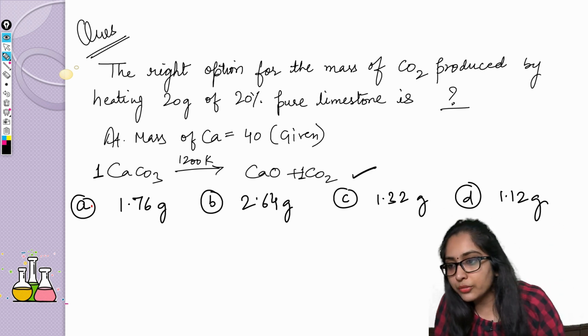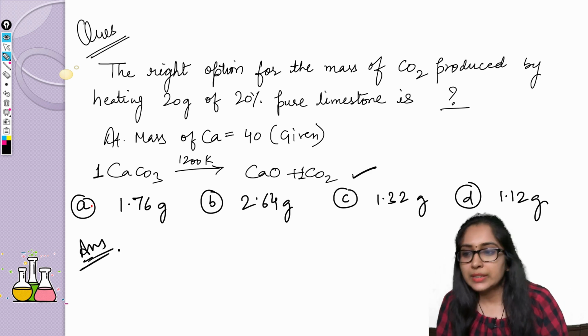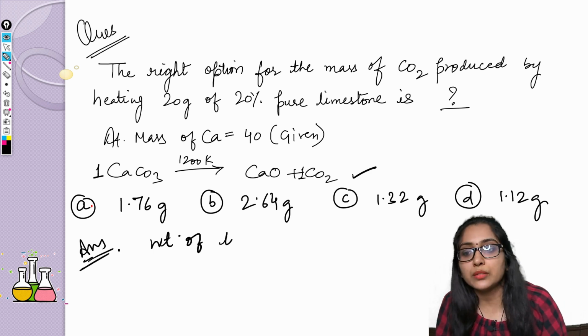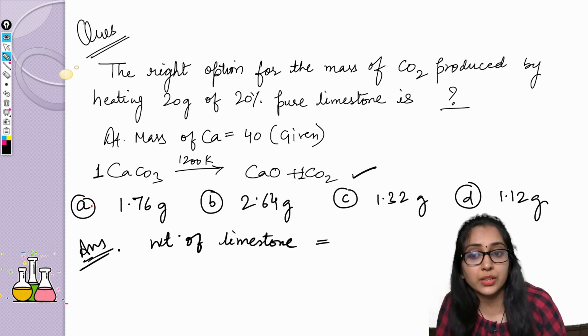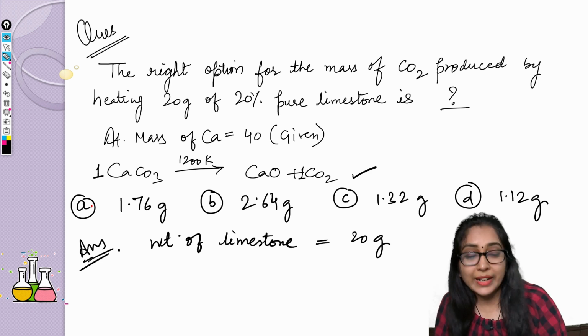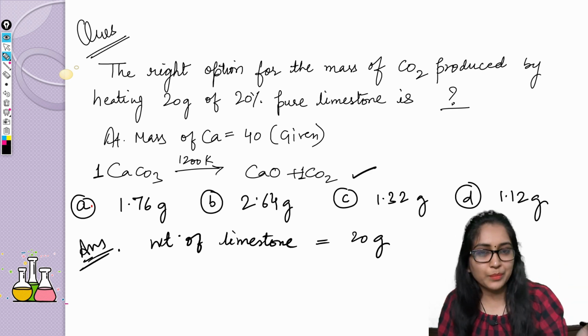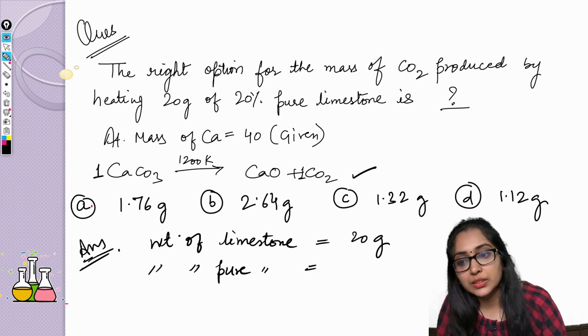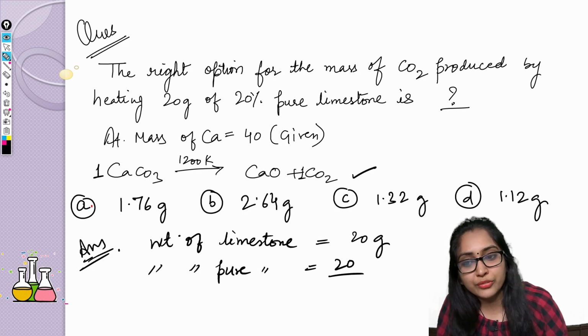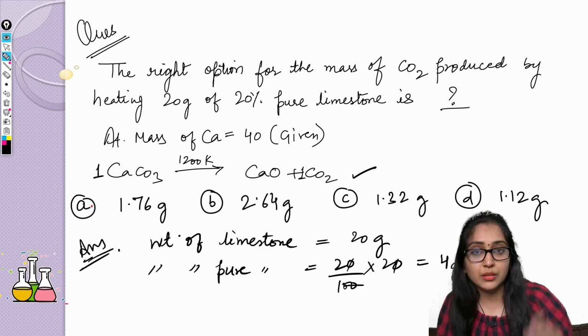The weight of limestone given is 20 gram, 20% pure limestone. So the weight of pure limestone is 20% of 20 gram, which is 4 gram. Only 4 gram is pure limestone.